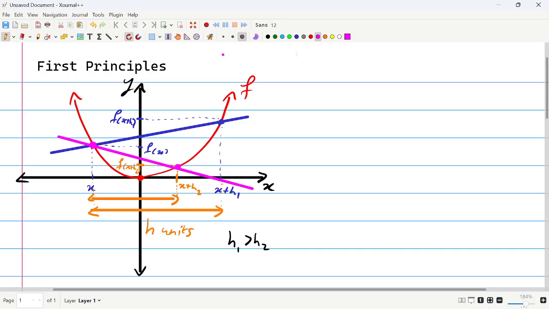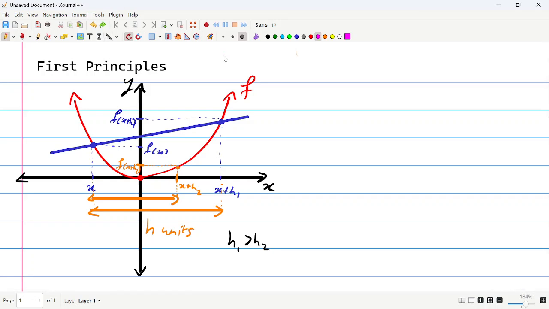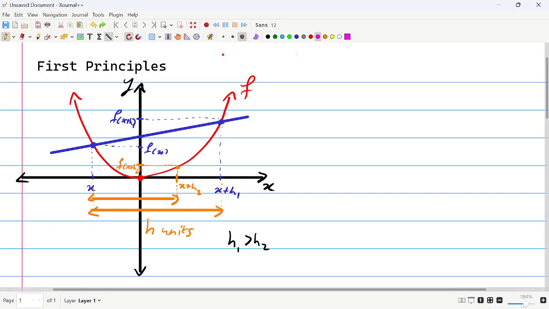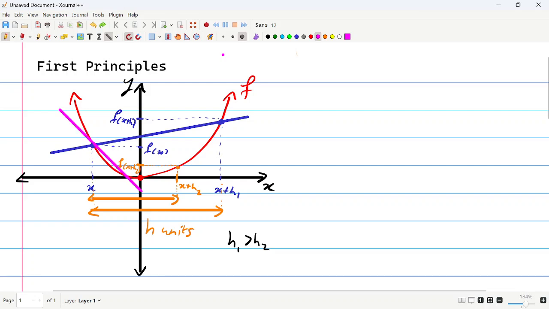What do you notice? The point is getting closer and closer to x. So what's going to happen if we take this purple line and take it closer and closer and closer, like this, for example?